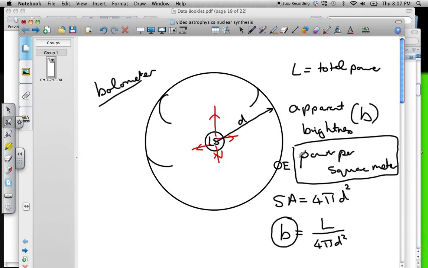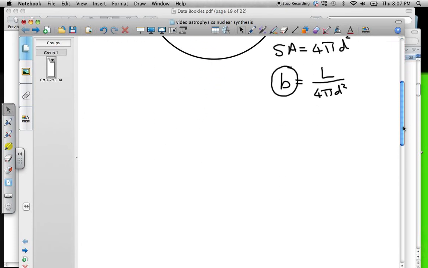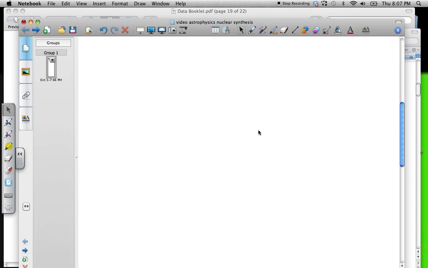I'm going to go on to just one further thing here, and look at Stefan-Boltzmann's law. Stefan-Boltzmann's law relates to something called a black body. A black body is a perfect emitter.